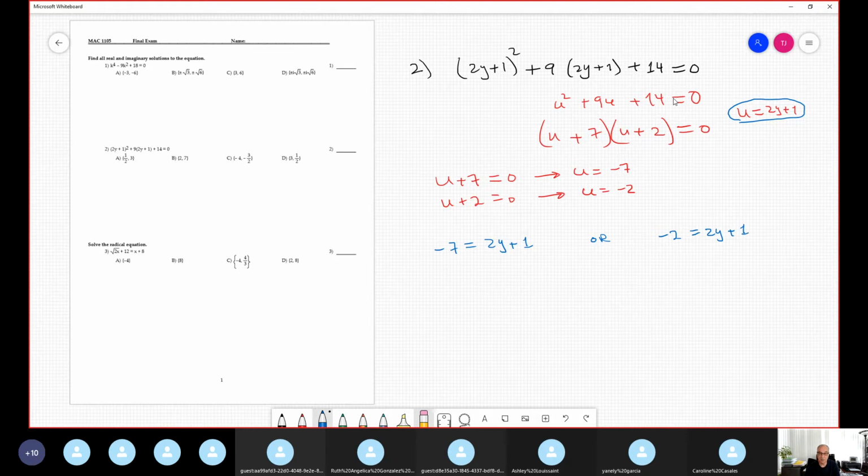And you solve for y. Both equations, by the way, are linear equations. So you move 1, -7 minus 1 is equal to 2y, and -7 minus 1 is -8, divided by 2 both sides, and -4. -4 is y.